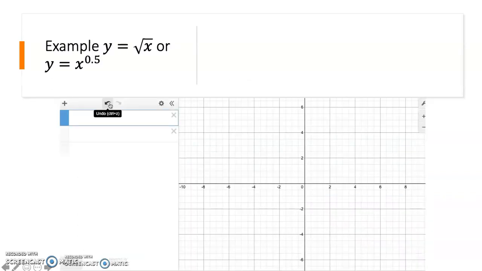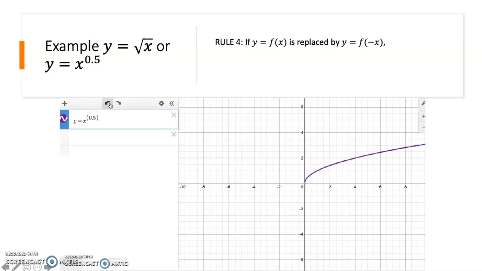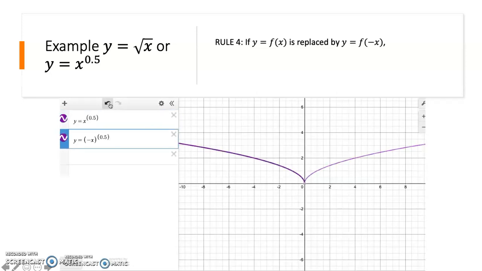So let us see the last effect. That is, if the variable x is replaced by -x. Here the square root of x becomes the square root of -x. So we have the light purple as the original curve and the dark purple as the effect.